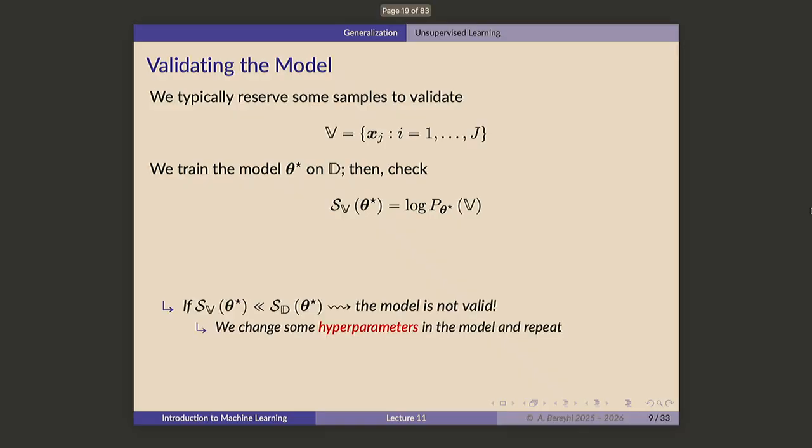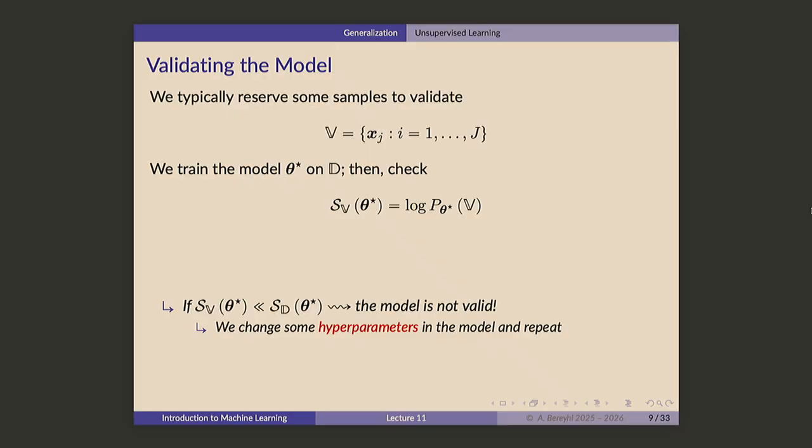Now, out of the validation set, you could check if the validation likelihood is far away from your training likelihood. What does that say? It says that your model is not generalizing. Maybe the issue is the choice of hyperparameter. Maybe if I increase k in my k-means clustering, the model can better generalize. Why?